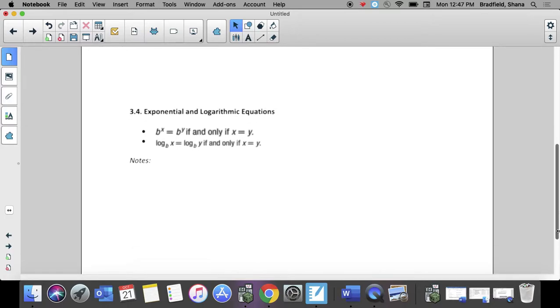In the fourth lesson, we looked at how to solve equations. We did exponential equations, where we would take the log of both sides, or if we have a logarithmic equation, we would take the base of both sides.